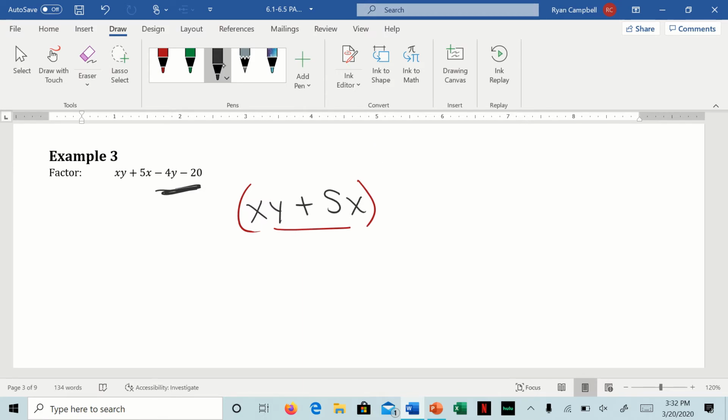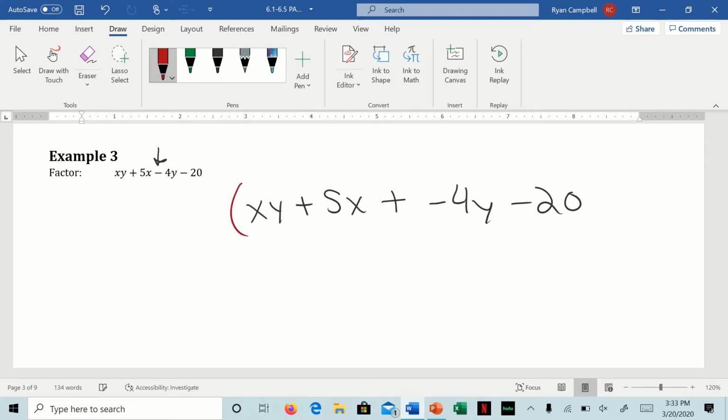So if there's a negative right in the middle, a way that we can write that is xy plus 5x plus negative 4y minus 20. And that is how we're going to group them up. We need to include the negative into this. The problem was that we didn't include the negative. You also want to include that negative and make sure you're adding between them.